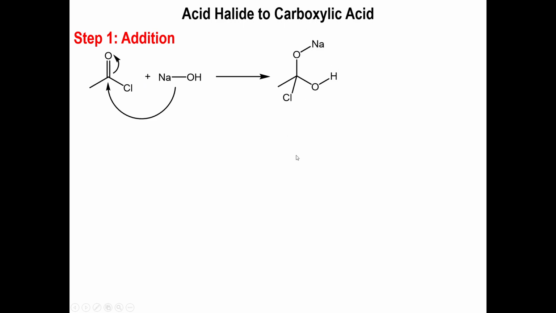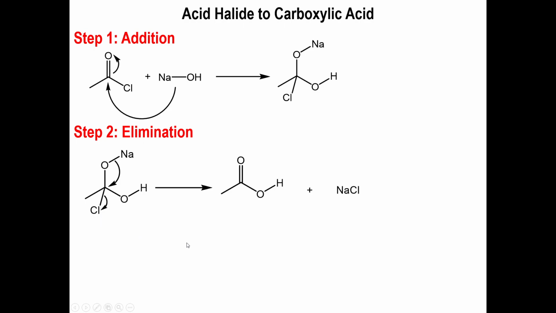And then the electrons of that oxo group, or oxide group rather, will come back down to reform the double bond while kicking away the chloride. And since you have sodium around, the moment the chloride comes off, you eliminate sodium chloride ultimately.